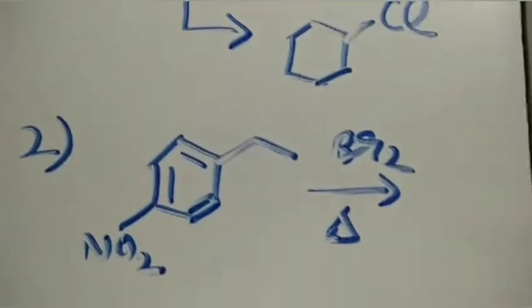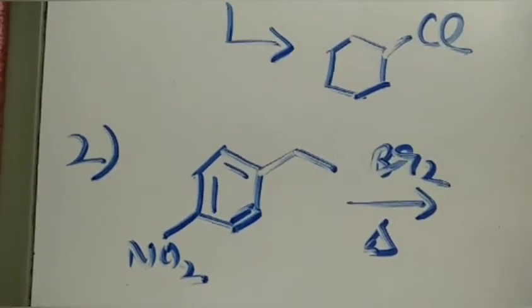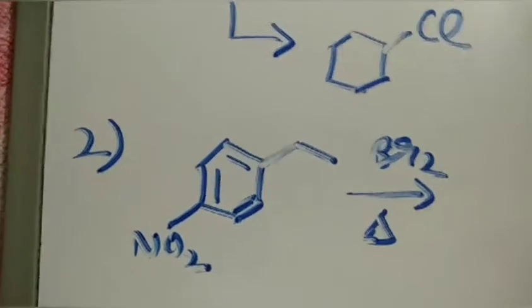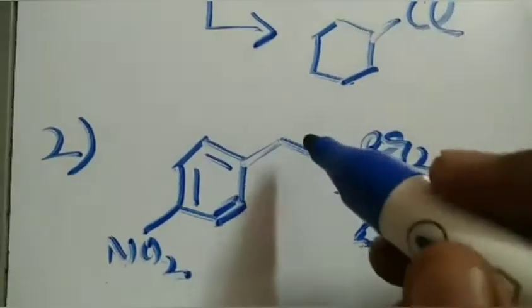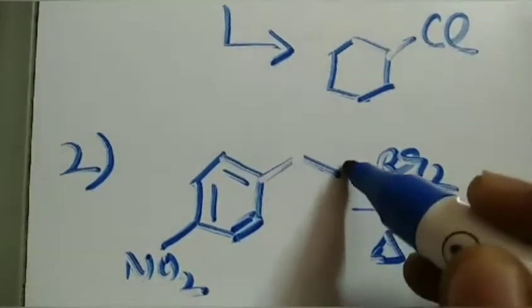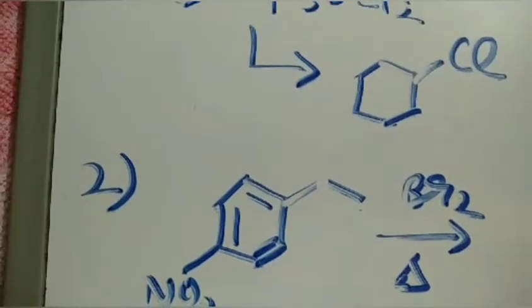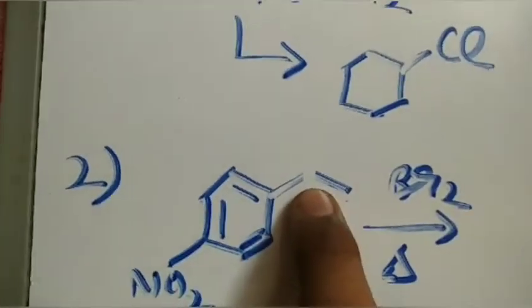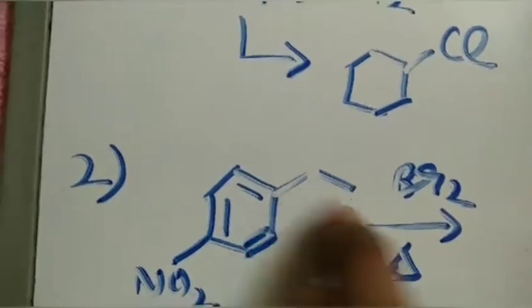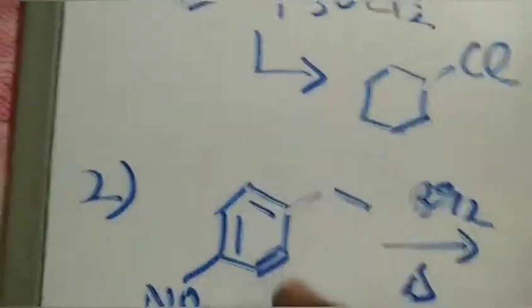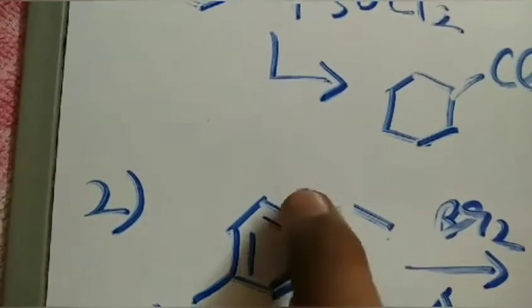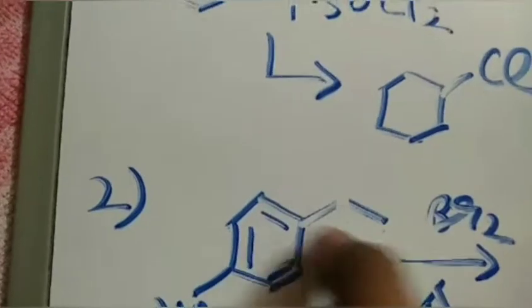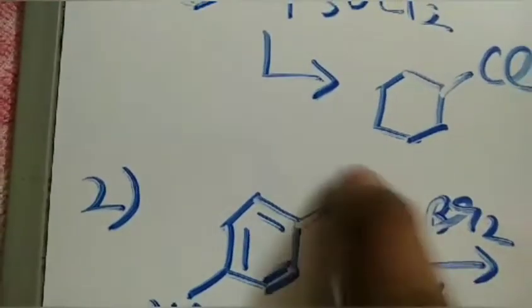So there are 2 positions where the halogen can attach: this position or this position. Here 2 hydrogens are present, here 3 hydrogens are present. Any one hydrogen can leave to form the radical, but this position has no hydrogen, because its 4 positions are filled, so only 2 positions can form a free radical.